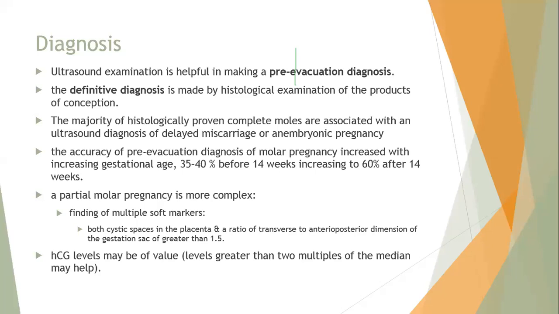So you must see multiple soft markers like cystic spaces in the placenta, and a ratio of transverse to anteroposterior dimension of the gestational sac of greater than 1.5.